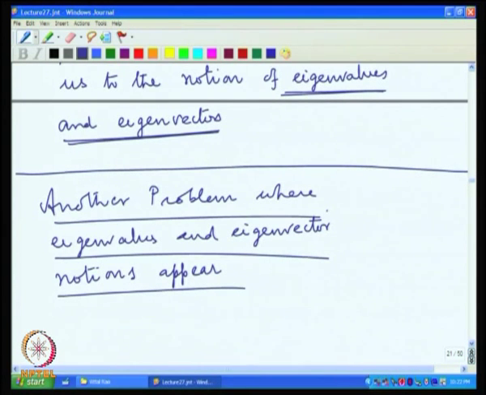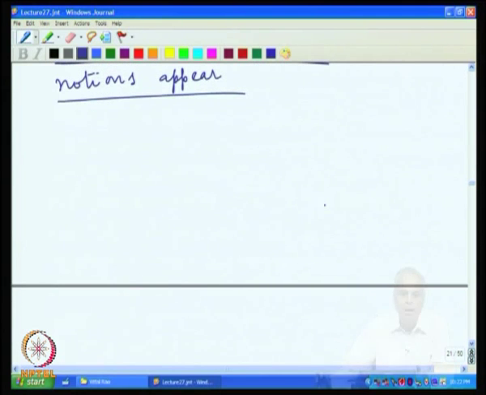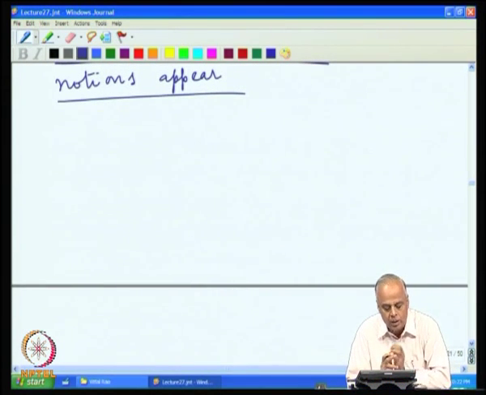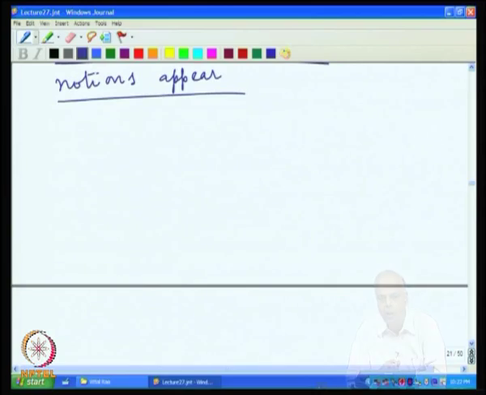What is this problem? Again and again we should remember that the origin of linear algebra was in the analysis of systems of linear equations, and in the beginning we said we shall first study simple systems. Among the simple systems, n equations with n unknowns were the simpler ones.